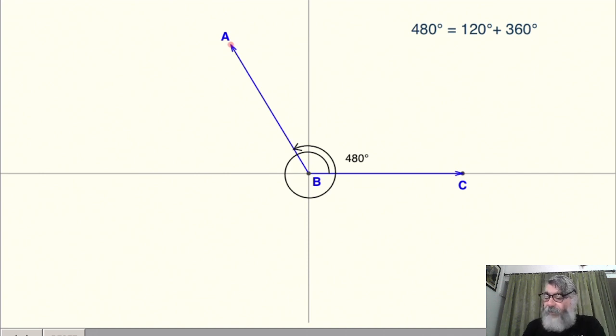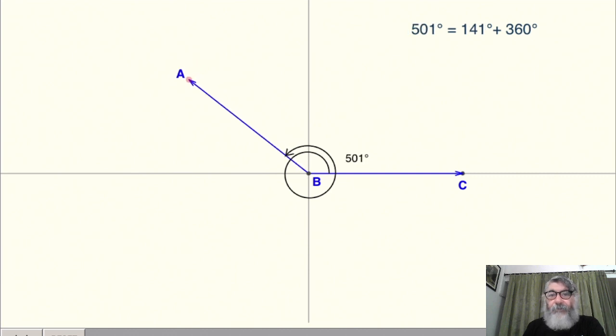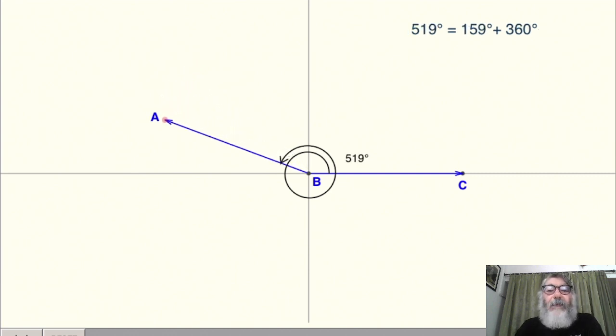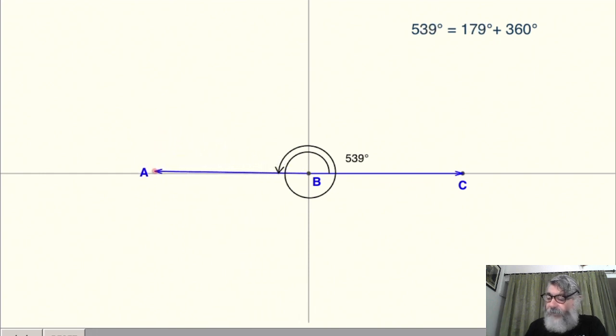Now let's go further down. 519 is the angle. Because it has taken a complete round, it is showing you this circular pattern. You come down here. Where do we reach? 360 plus 180, that is 540.